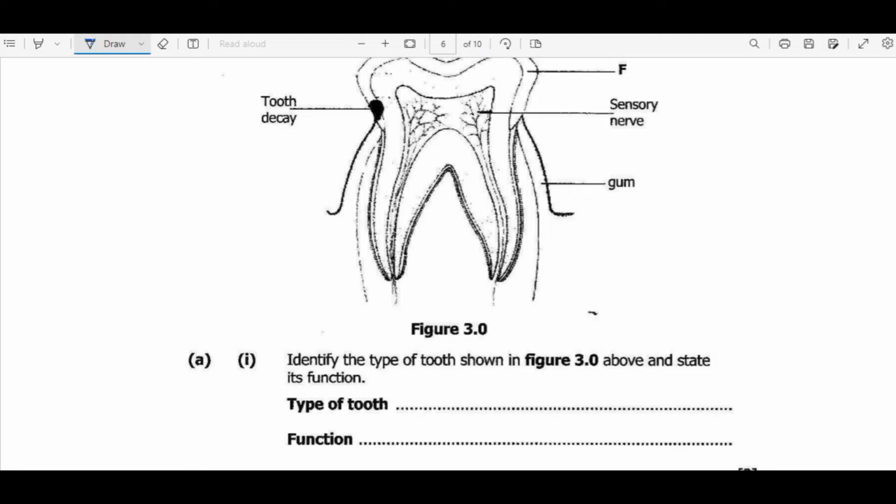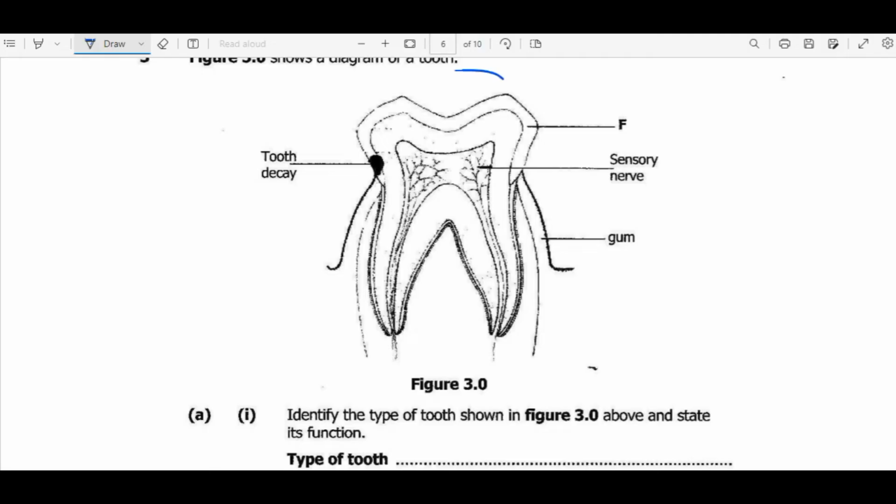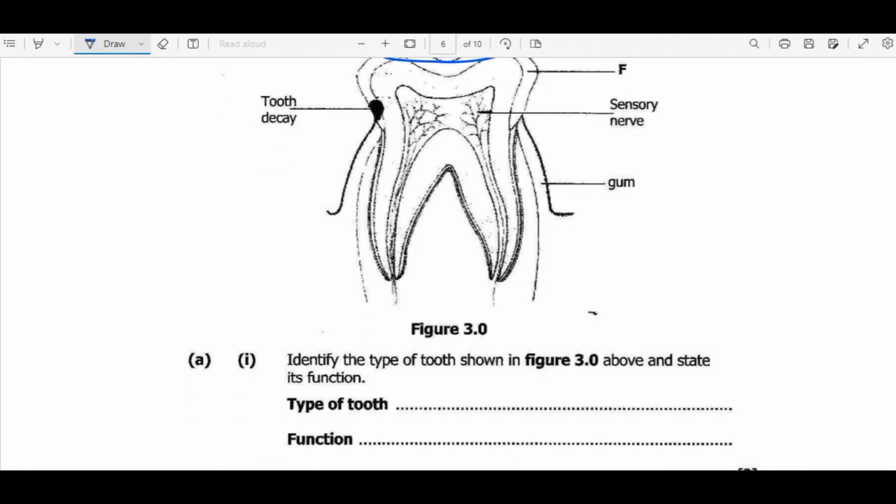So this is based on the structure. You can see this area here, a V-shaped. This can be a molar or premolar. So let's just say premolar. Then the function is similar to a molar.